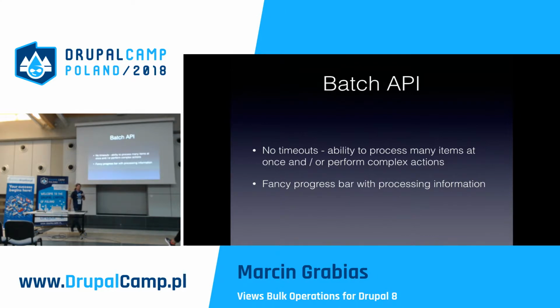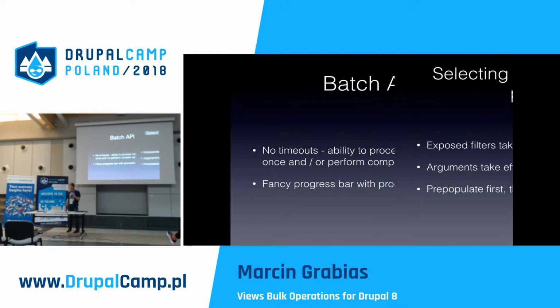And we have a fancy progress bar. I like watching progress bars because they show how machines work for us. So yeah, we have the elapsed time and estimated information.